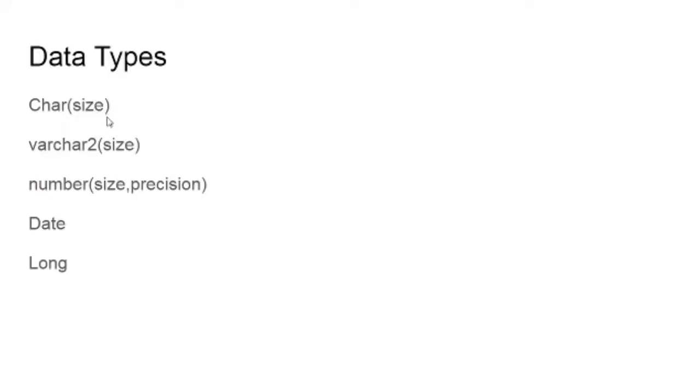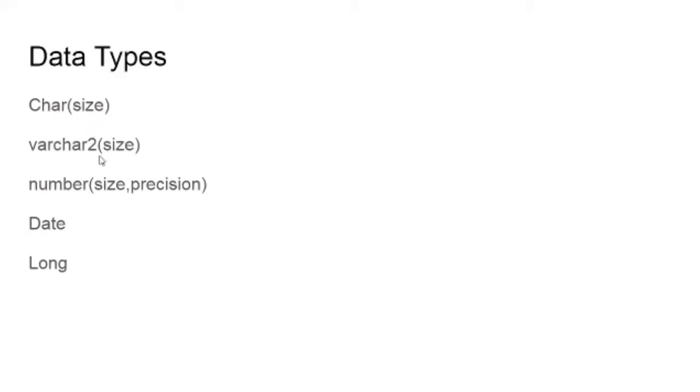Okay, what is varchar2? Varchar2 also stores character strings of a mentioned size. Then what is the difference between these two? The char data type stores data of a fixed size, that is, the statically mentioned size is allotted inside the memory.